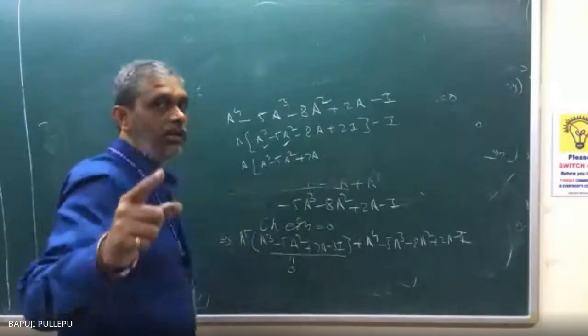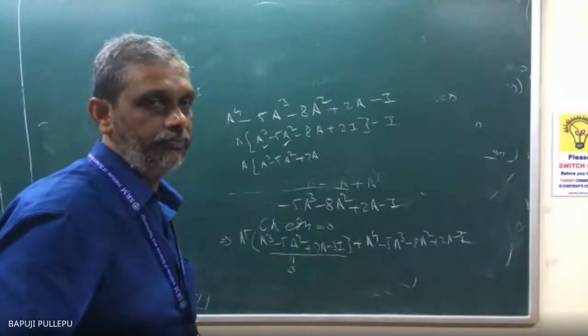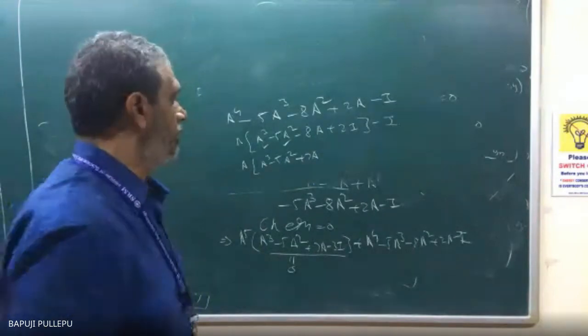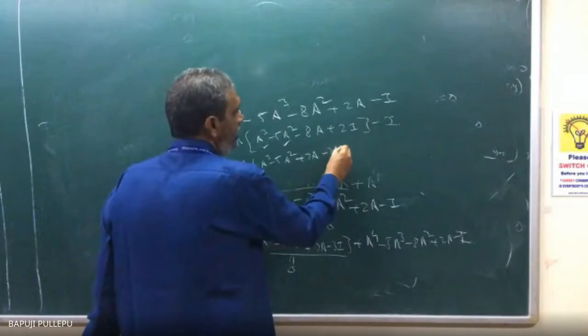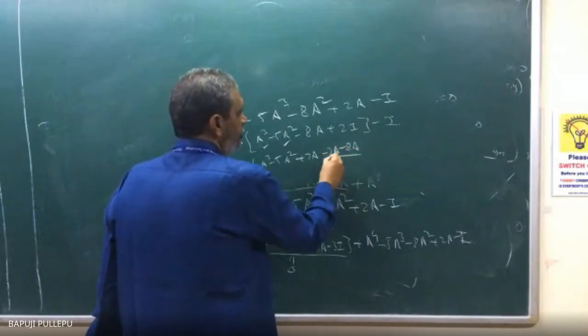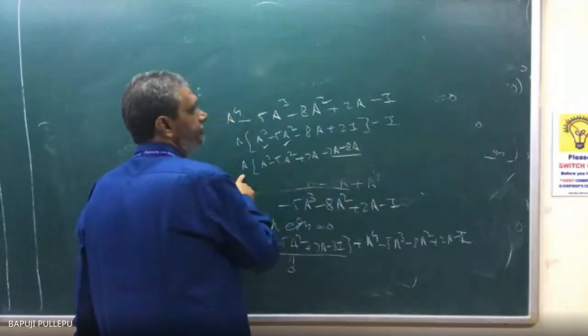I have no right to change the question, but I can do some magic in mathematics. We are not changing the question. I am adding the unnecessary plus 7A and minus 7A. Already minus 8A is there. These two together give minus 15A into A, minus 15A square.